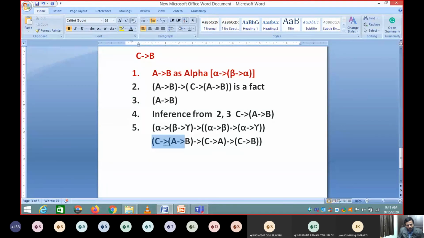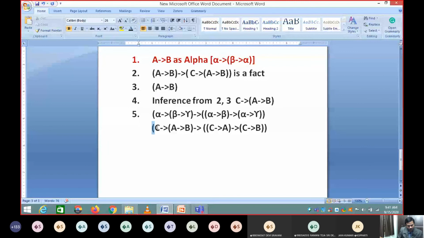Now just tell me whether this statement is right or wrong. I can write a brace here. Slowly you will understand. So this statement is as per the rule that 2 is right.